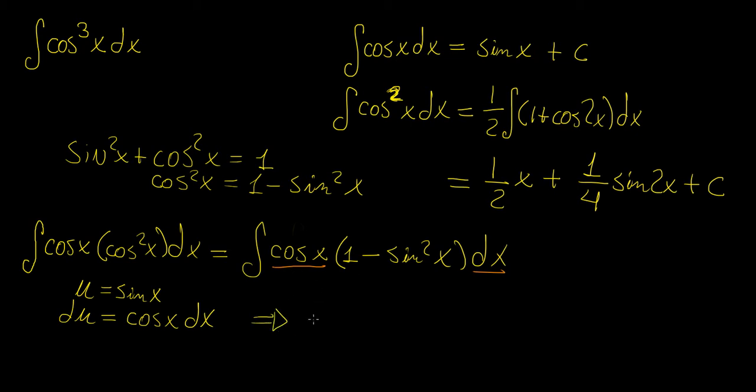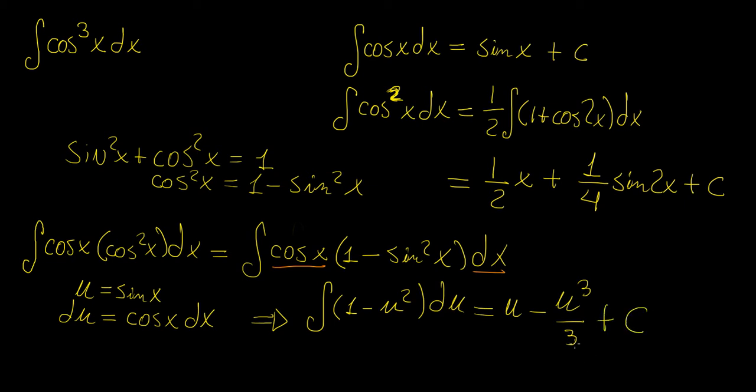So we can say this is equal to the integral of 1 minus u squared times du. And now we know how to integrate this because we just have this, which is u to the power 0, and this is u to the power 2. So all we do is add 1 to the power, divide by the new power. So this becomes u to the power of 1, and then this becomes minus u to the power 3 over 3, plus some constant of integration c.